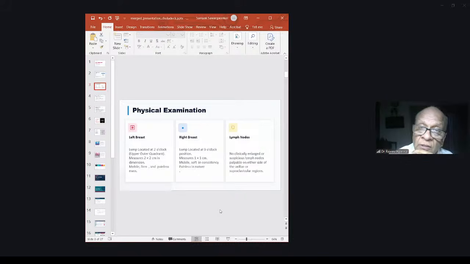Then the question is, Vaishali, is it the same radiologist who has said BIRADS 2 or 3, or a different radiologist? Many times there is a difference of opinion among various radiologists.